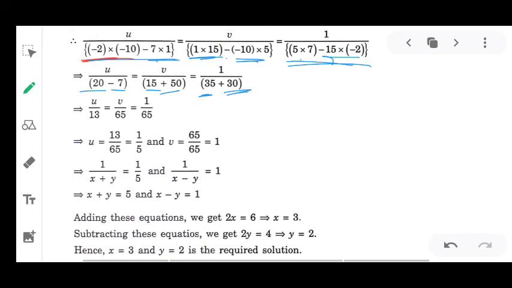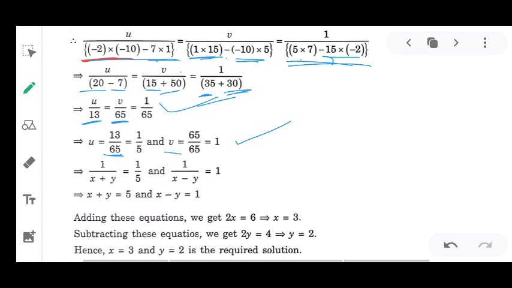So u by 13, 20 minus 7 is 13, v by 15 plus 50 is 65, then 1 by 35 plus 30 is 65. Okay, so u equals 13 by 65, that is 1 by 5, and v equal to 65 by 65 equals 1.